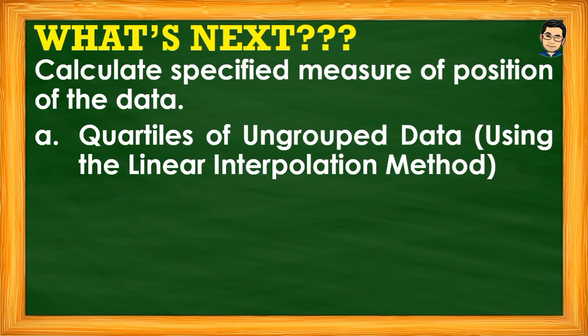Just to give you an idea about this method, using it we can get the exact value of the lower quartile, middle quartile, and upper quartile. Here in the Mendenhall and Sincich method, we usually only estimate. So, it is pure estimation. In linear interpolation, we will discuss the exact value itself. So, that's all.